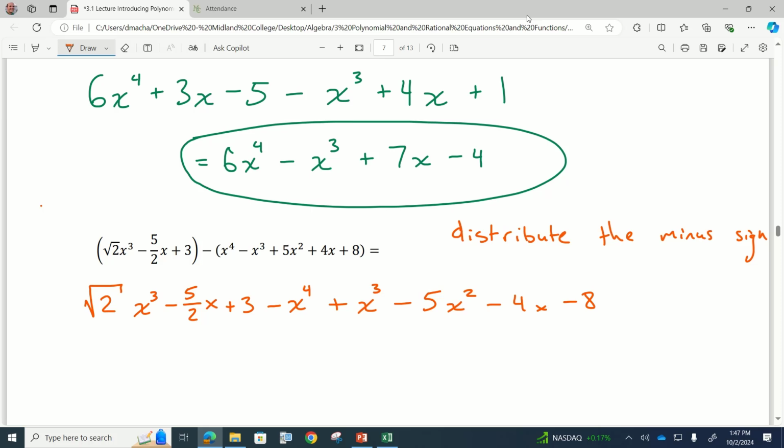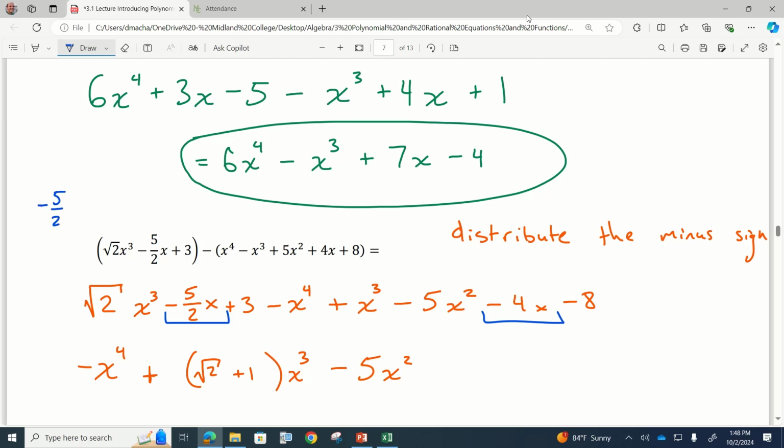And now I just have to collect like terms, and so the largest power that I see around here is minus x to the 4th power. The next largest is x cubed. So I get square root of 2 plus 1 x cubed. The next would be x squared, so I have minus 5x squared. Then I have my x terms. And I've got two terms that have an x in them. And so I need to add -5/2 and -4.